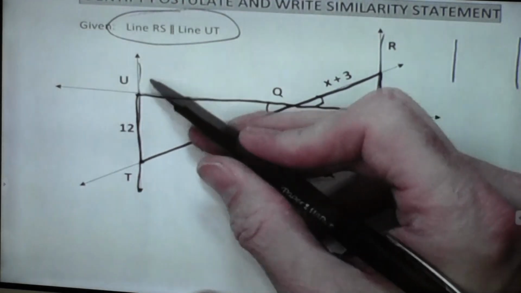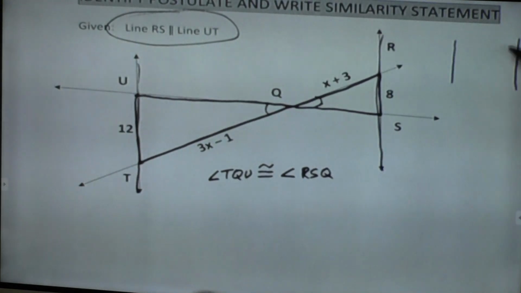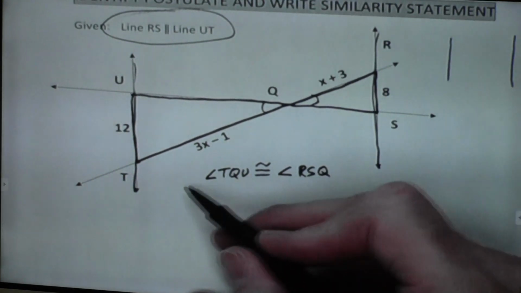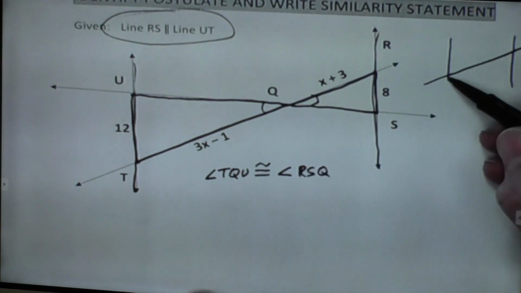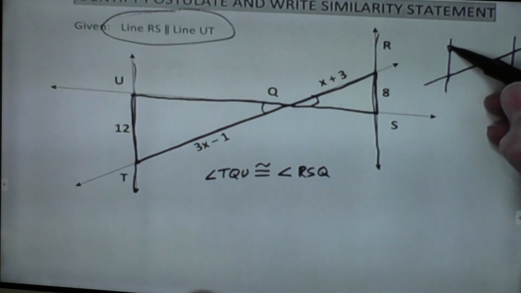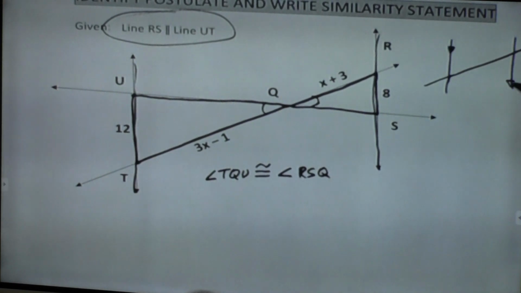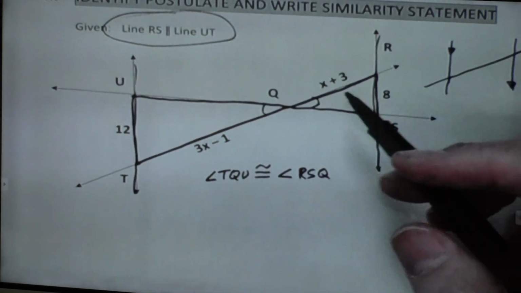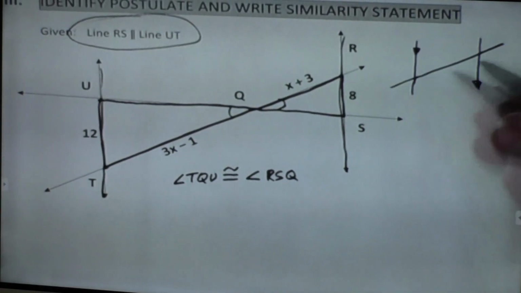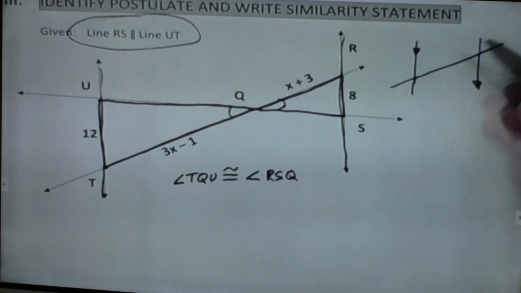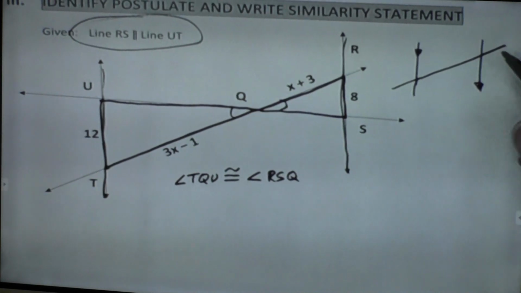If this line and this line were here and here, and I use just this transversal coming through, I know that RS is parallel to UT. And you saw that on all your problems in sections 11.2 and 11.5, the ones last month.